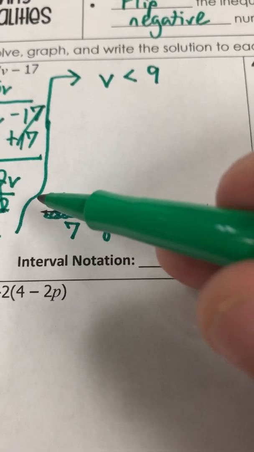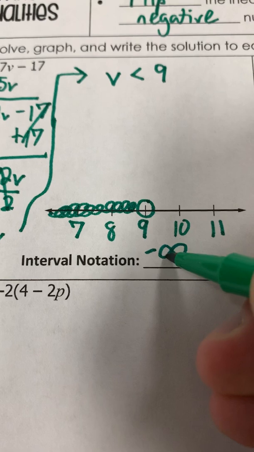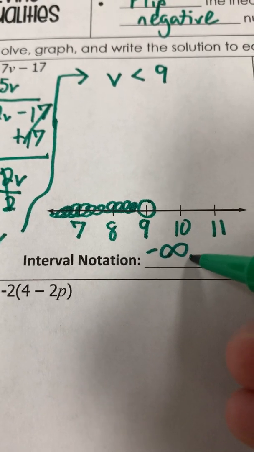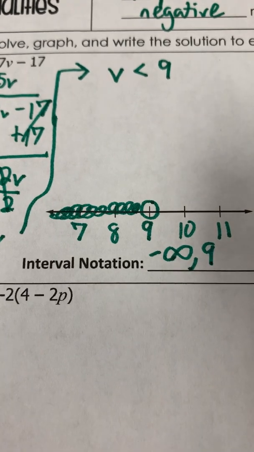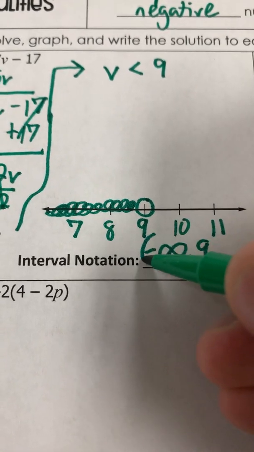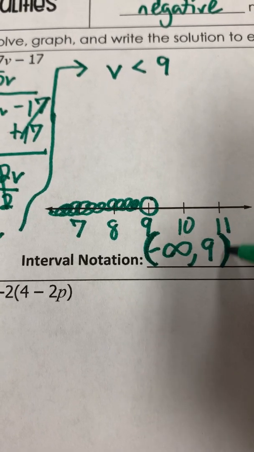So remember with the shading, this starts at negative infinity because we're going to the less than the smaller numbers. It continues and stops at 9. Infinity gets a parenthesis. This is open, so 9 also gets a parenthesis.